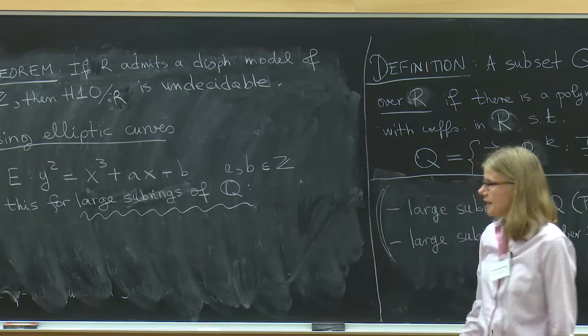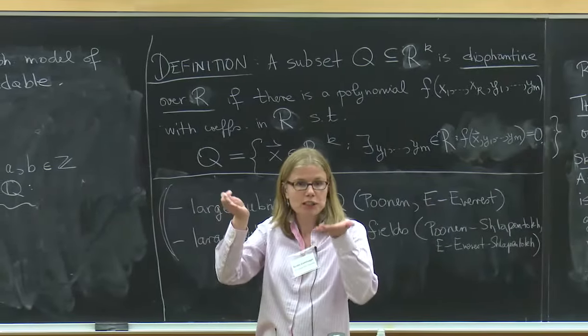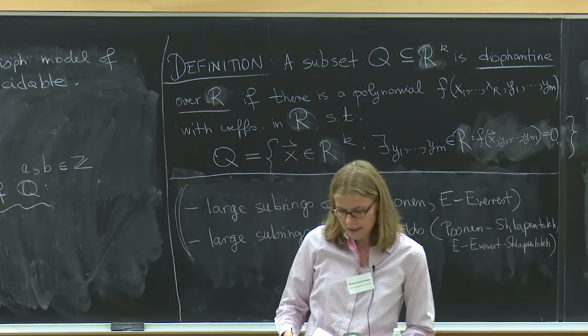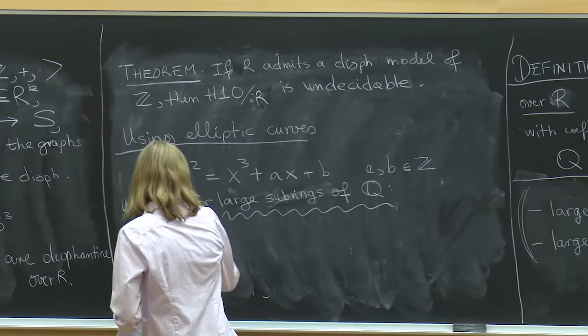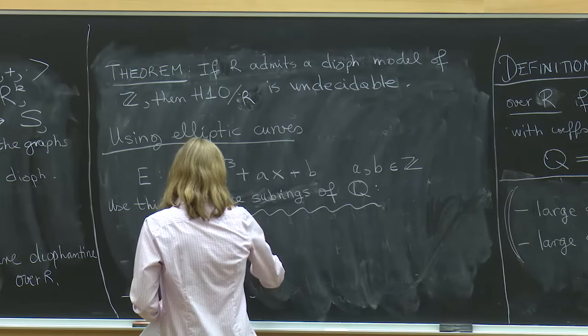But we could at least ask, how far can we push it? How big of a subring of Q can we get and still prove undecidability with this approach of using the model? That is what Bjorn Poonen did. He was the one who first started looking at this question in this way.